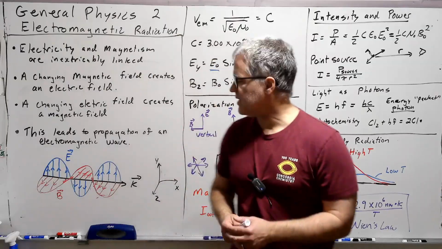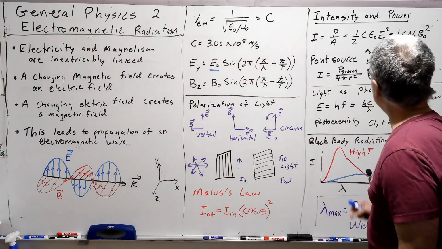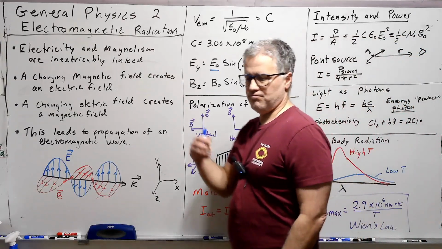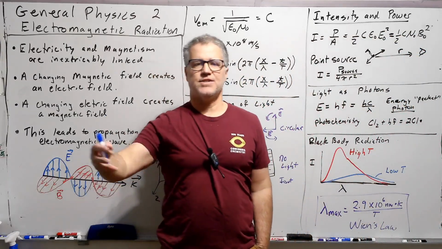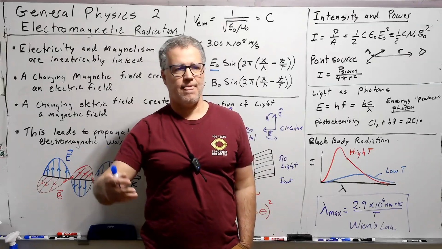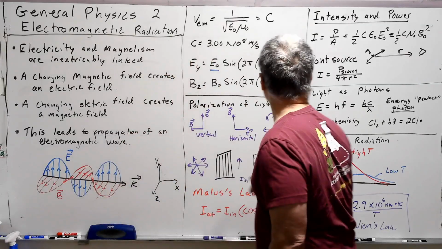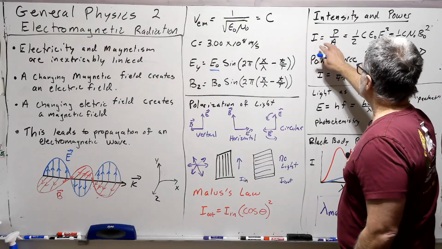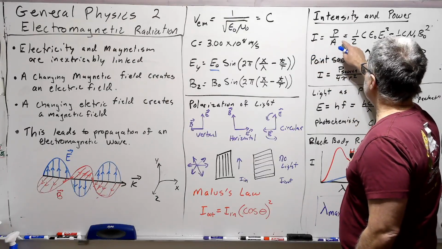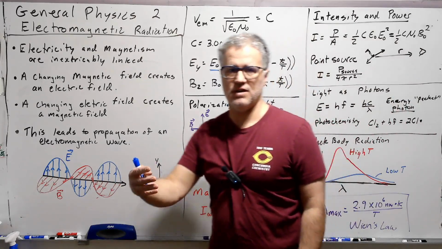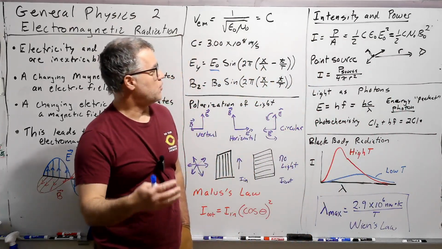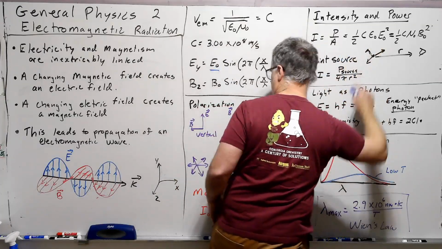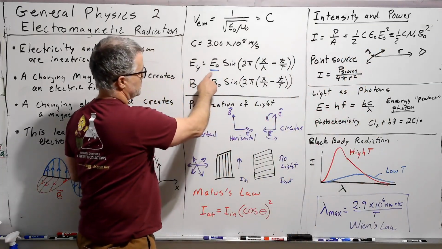Okay, so that's polarization. Now, let's look at intensity of light. You're very familiar with this: some lights are bright, some are less bright. So let's look at the behavior of intensity here. The intensity of light is the power output of that light per area, and we can get that from the strength of the field.